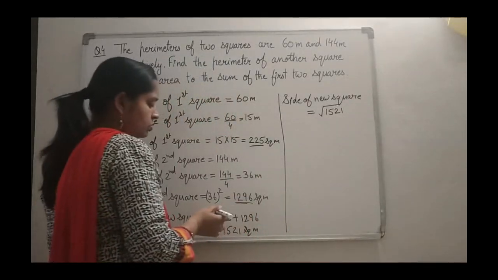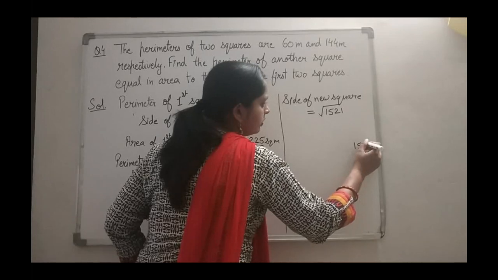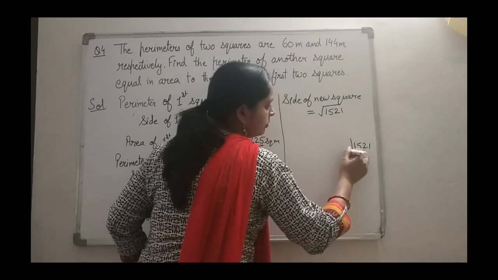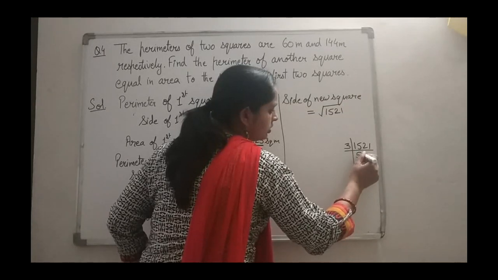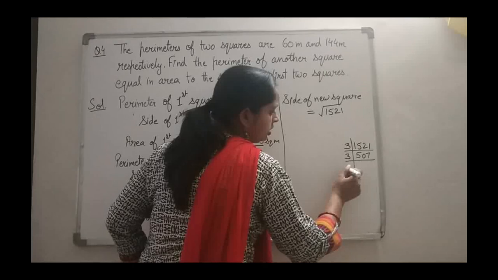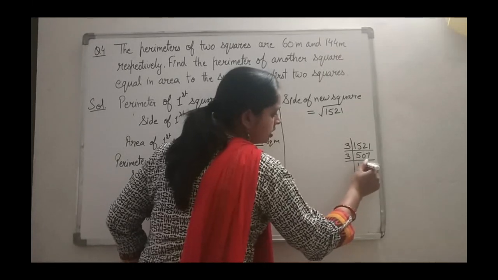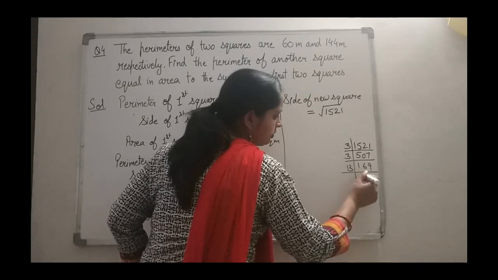So we have to find the square root of 1521. So let's divide 1521 by 3. 3 5s are 15, 0, 3 7s are 21. Then again 3 1s are 3, 6s are 18 and 3 9s are 27. So 13.